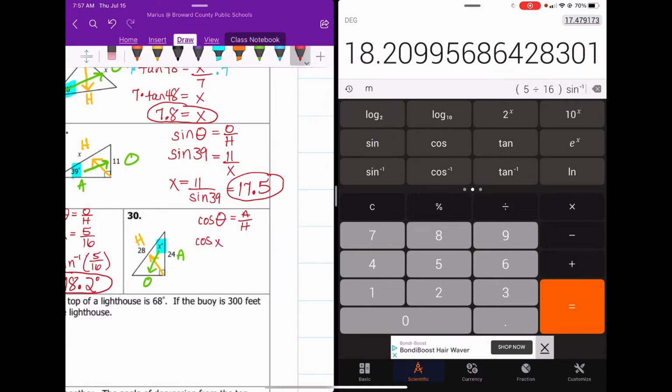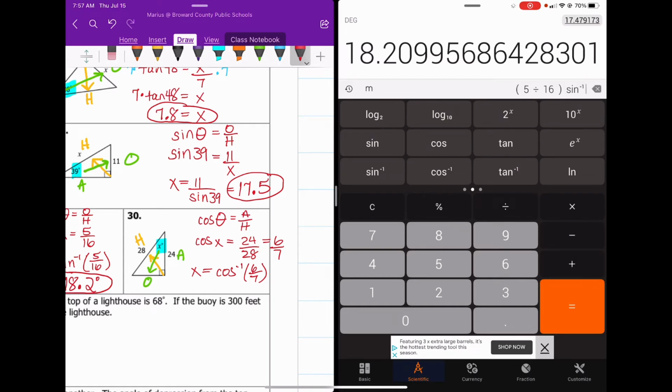Cosine of x is equal to 24 over 28, which we could reduce to 6 over 7, okay? So we're going to do x is equal to cosine inverse of 6 over 7, because I divided both of those by 4, okay?